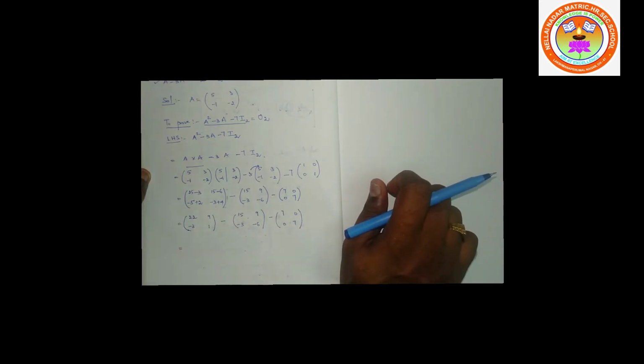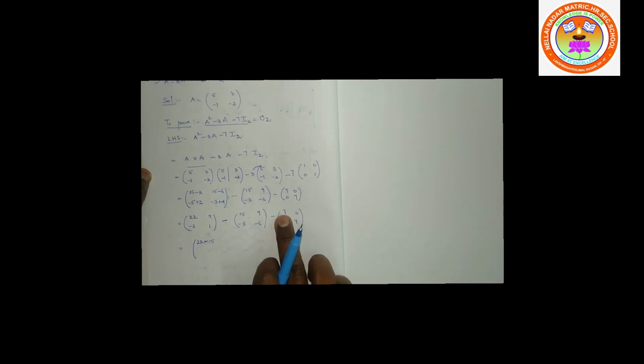Now these are all 2 cross 2 matrices, with 2 rows and 2 columns, so I can make addition and subtraction. First matrix first element is 22, second matrix first element is minus 15, and third matrix first element is minus 7, multiplying the minus also: 22, minus 15, minus 7.